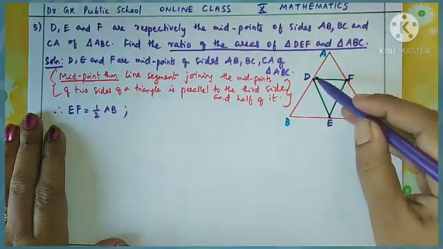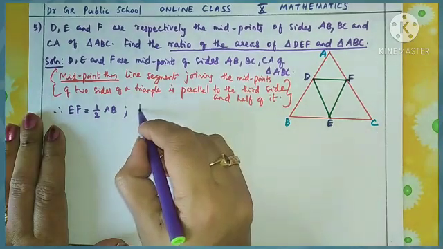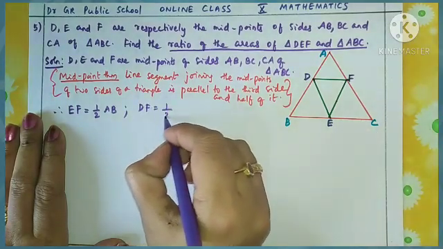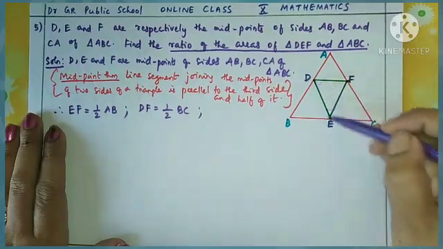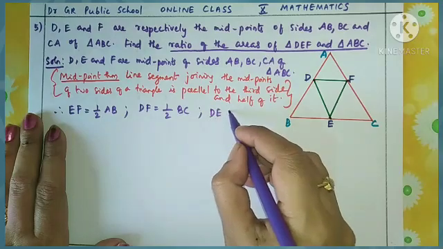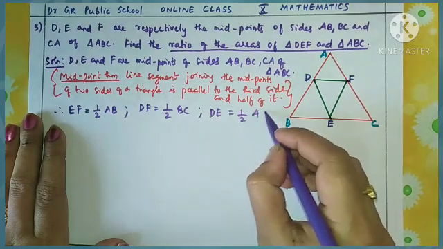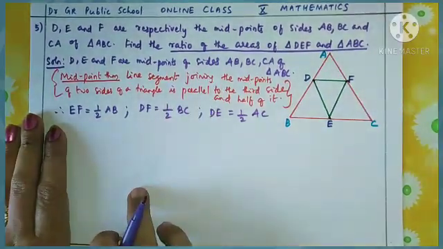Similarly, DF is half of BC. DF is equal to half of BC. And the third one, DE. DE is equal to half of AC. So these three results we are getting from this theorem.